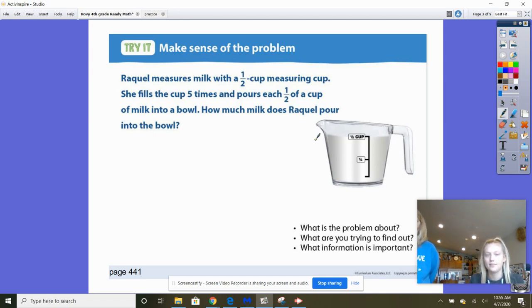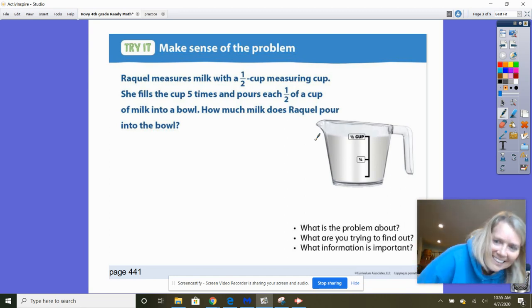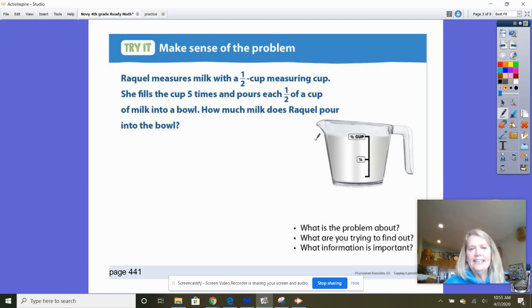She fills the cup 5 times and pours each 1/2 of a cup of milk into a bowl. How much milk does Raquel pour into the bowl? Thanks, Maggie. Okay, so the second read, what are we trying to find out? Looks like how much milk does Raquel pour into the bowl?